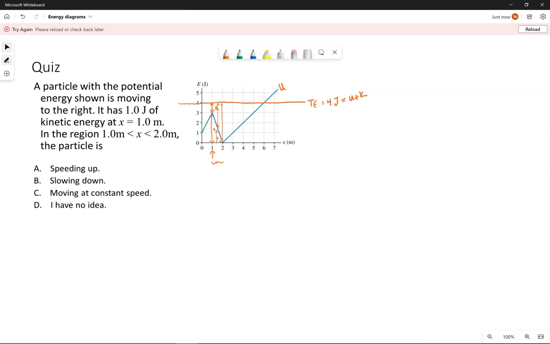Kinetic energy is getting bigger, which means the potential energy has to get smaller. So if kinetic energy is getting bigger, this particle is speeding up. You can think of that too: if this was just some sort of track, put a marble at point 1, it's going to roll down to point 2.